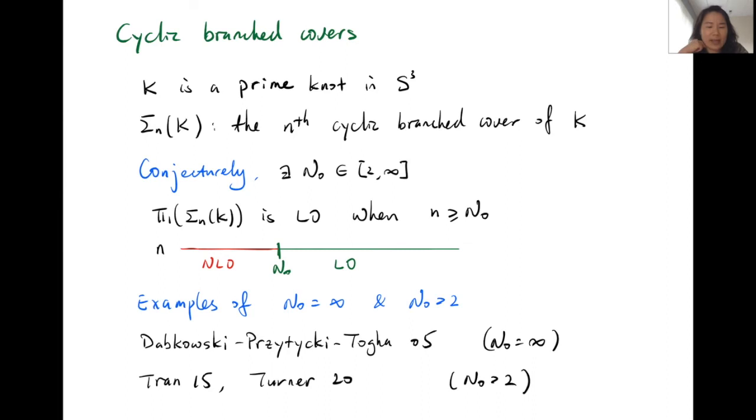In fact, you can find examples of n_0 not equal to infinity and n_0 strictly bigger than 2 within the collection of two-bridge knots. I list some references right down there, you can go check it out. In the later part of the talk, I'm going to give you a result where n_0 is equal to 2, so all the cyclic branched covers have left orderable fundamental groups.